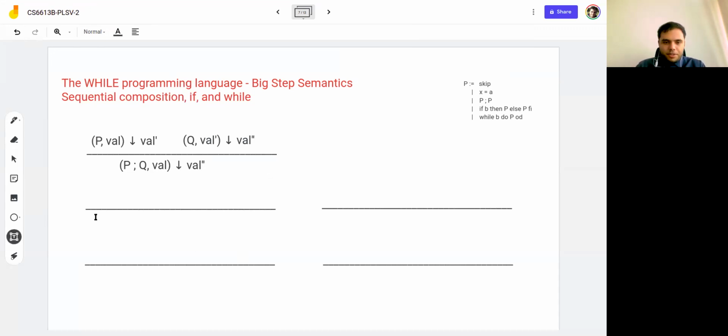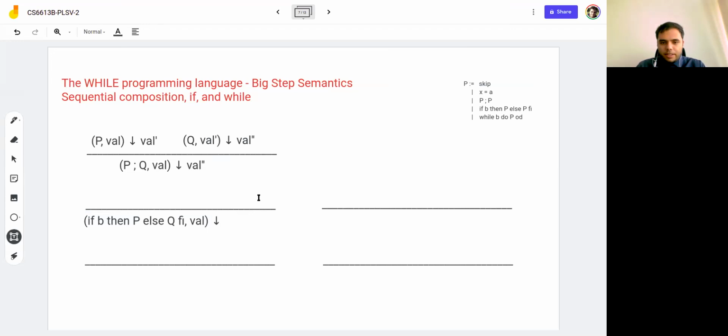So again, we have this casework that we always have. So if I want to write a rule for if B then P else Q, and if I want to start from evaluation val, okay, where would I land?